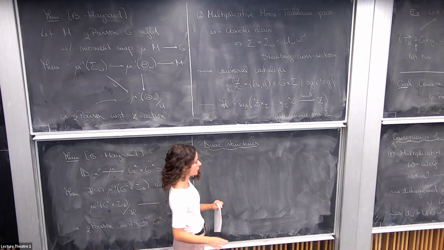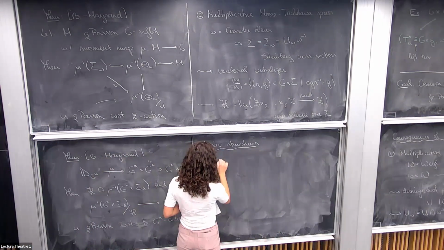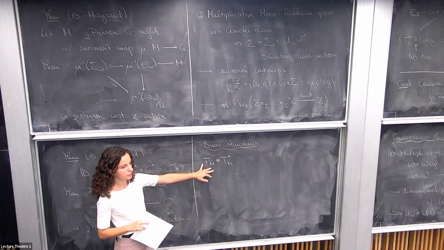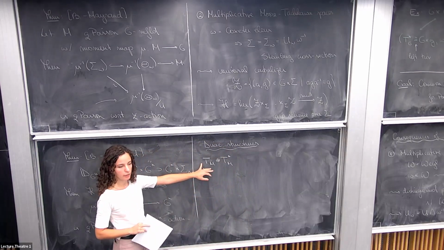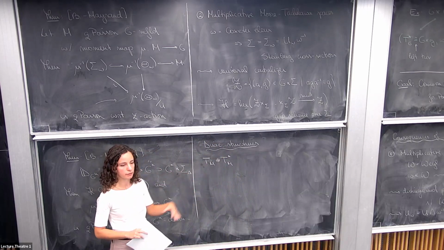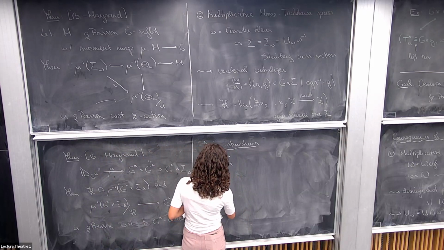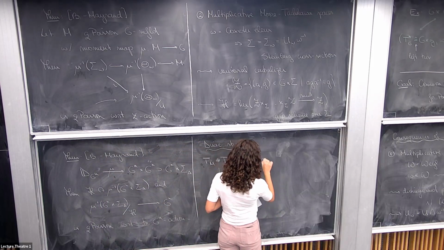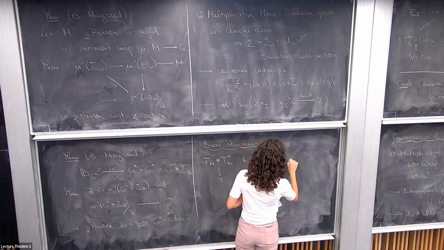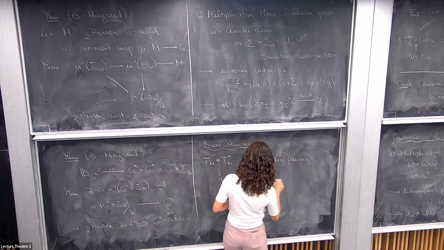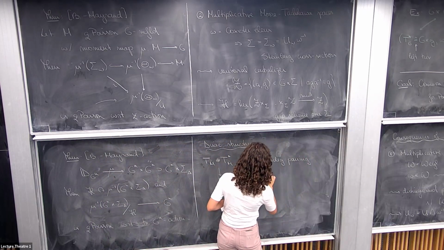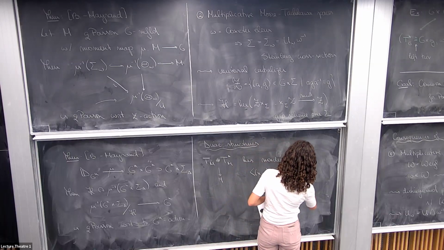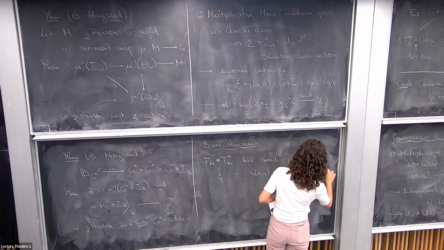So in order to define them, I'm going to consider something called a generalized tangent bundle. So I take my manifold M and I take the vector bundle sum of the tangent bundle and the cotangent bundle. So this is a vector bundle over M. And this space has a natural non-degenerate pairing. So if I take (X, alpha) and (Y, beta), they pair to alpha of Y plus beta of X.